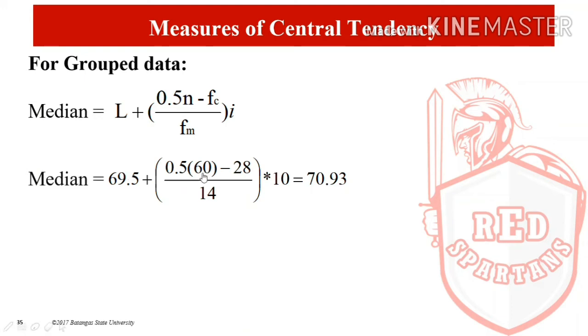Then, n natin is 60, substitute lang. Then, yung ating frequency below class interval, 28. Then, yung ating frequency nung 70 to 79 ay 14. Times class interval natin, makukuha natin yung median na 70.93. Ganun lang yung gagawin natin kapag grouped data, then pinapakuha si median.